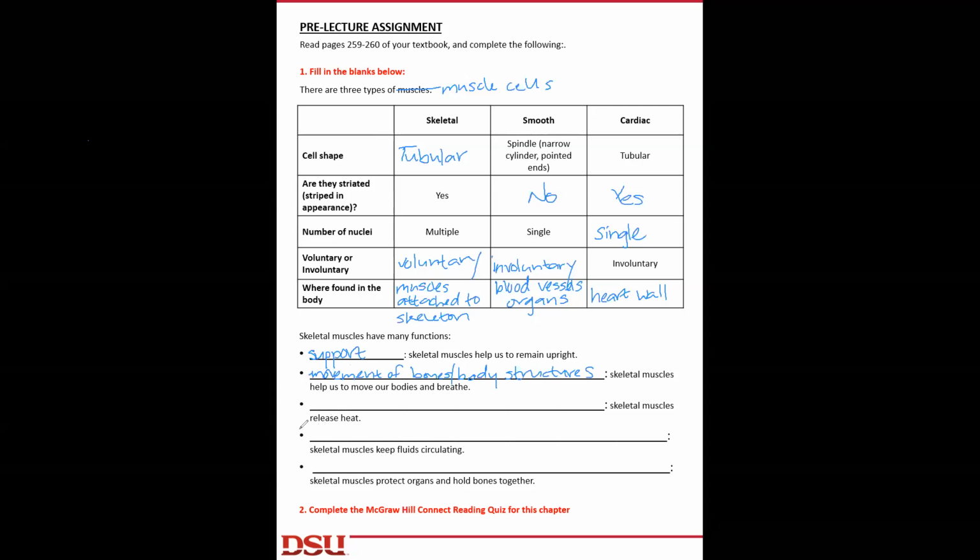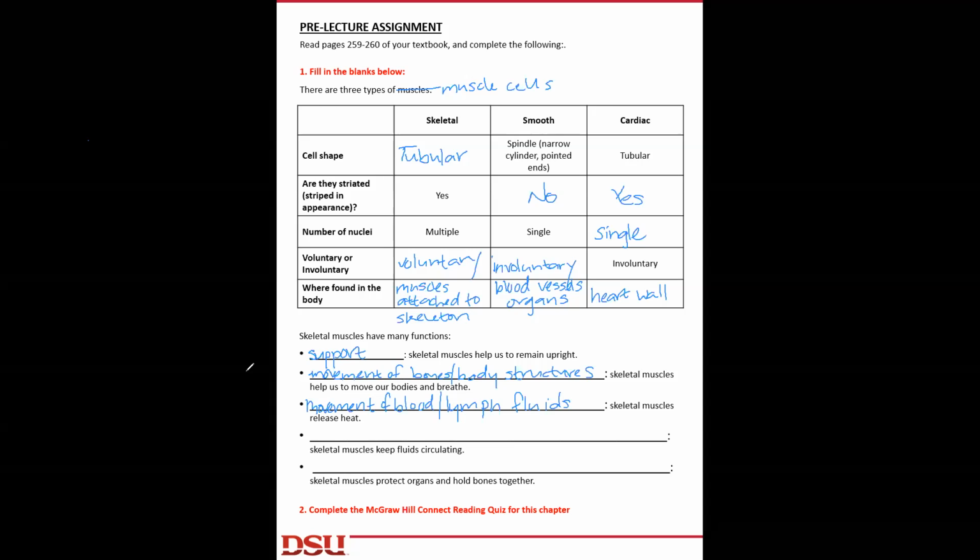Movement of fluids in the cardiovascular and lymphatic system. So like that, movement of blood and lymph fluids. We'll get into that, especially with blood, a little bit more as we get into the circulatory system.